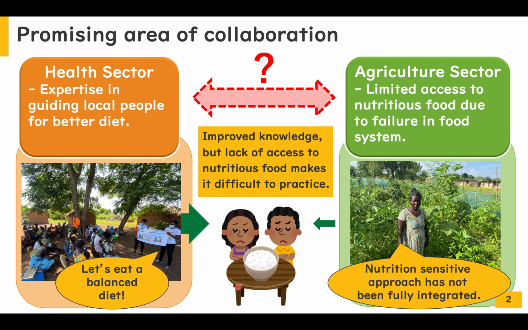However, rural families cannot implement this learning from the workshop due to lack of access to nutrition-dense food. This is because nutrition-sensitive agriculture is not fully integrated in the local agriculture system.